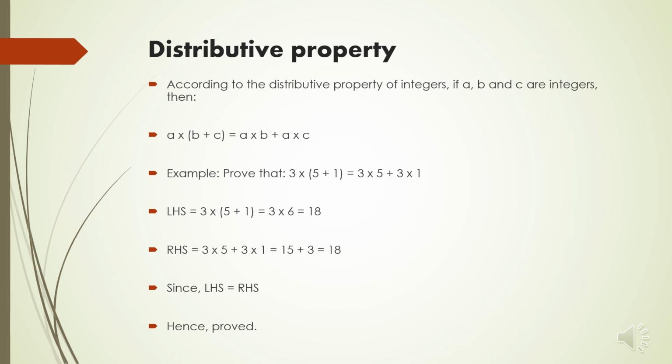First we will do the left hand side. For 3 into (5 plus 1), we get 3 into 6, which is equal to 18. And in the right hand side we have 3 into 5 plus 3 into 1, which is equal to 15 plus 3, which is equal to 18. Since the left hand side and the right hand side are equal, we have proved the distributive property.